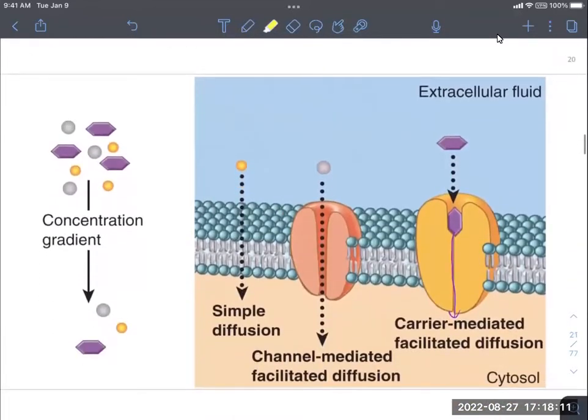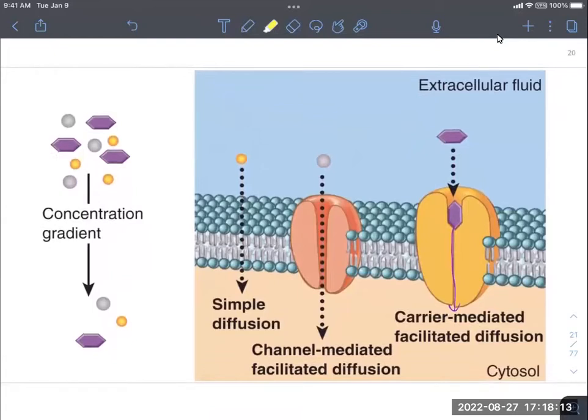So here are some of the different ways that things can travel across the membrane. We have simple diffusion, where everything just goes through the plasma membrane from one side to the other. In channel-mediated facilitated diffusion, this ion or molecule is using a channel to get from one side to the other.